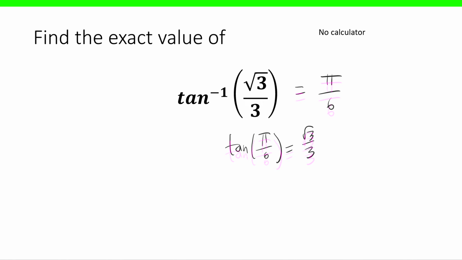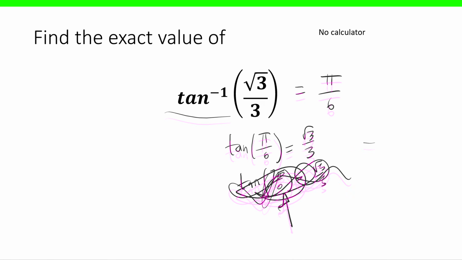Now, of course, there are other values of tangent. Tangent of, for example, 7 pi over 6 is also root 3 over 3, but this is outside of the domain of the tangent that we restricted, which means it's outside of the range of the inverse tangent, so it could never come out of the inverse tangent function. It could only be this. Okay.